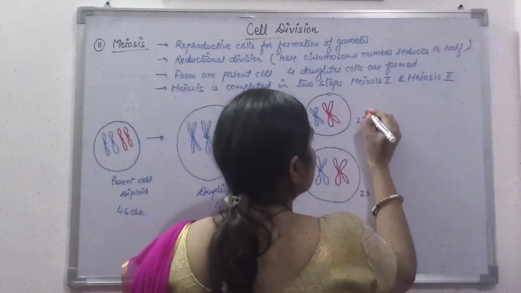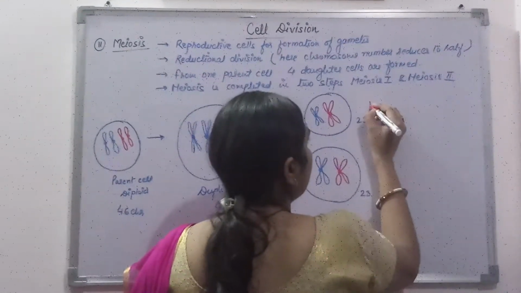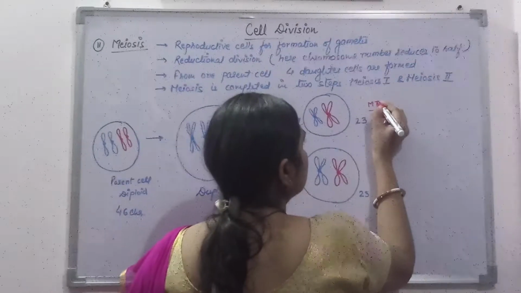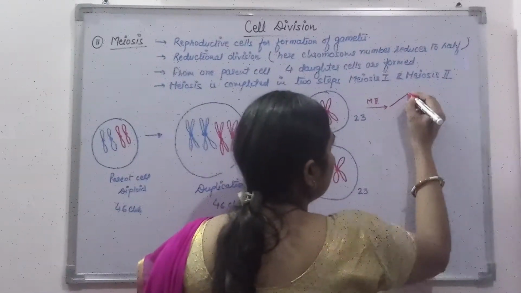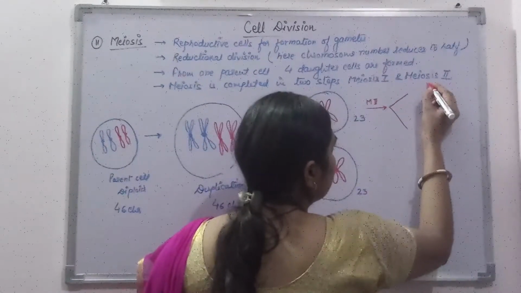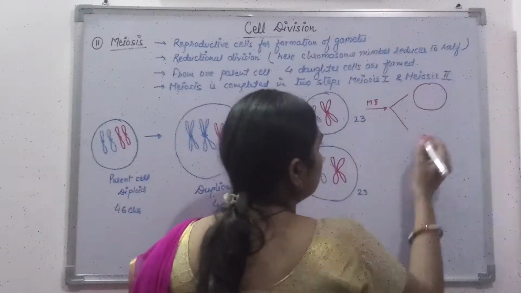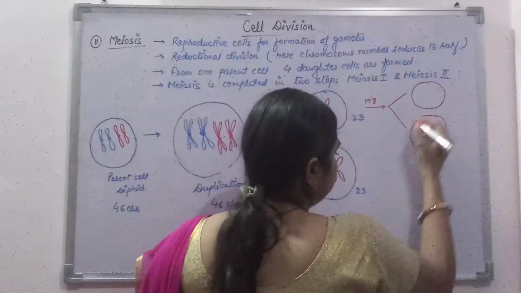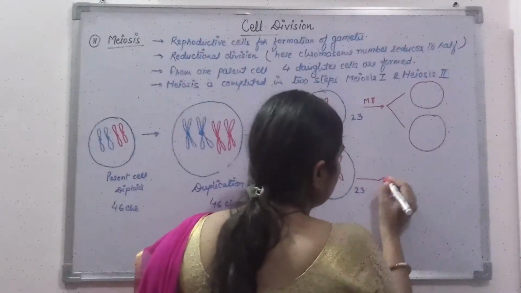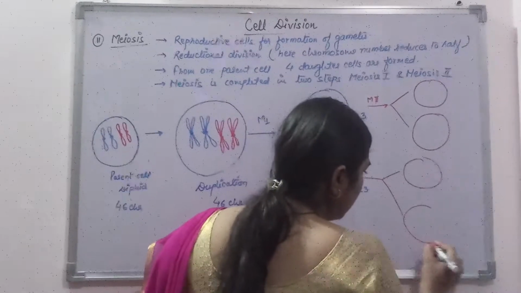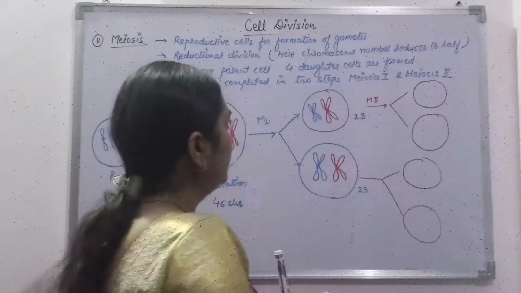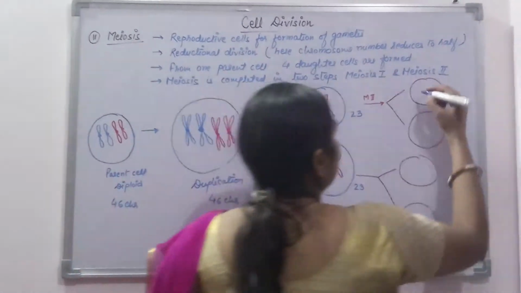What will happen in meiosis 2? Again in meiosis 2, from this very cell, two daughter cells will be formed again, having the same number of chromosomes. Similarly from here it will also have the same number of chromosomes. See what will happen here?